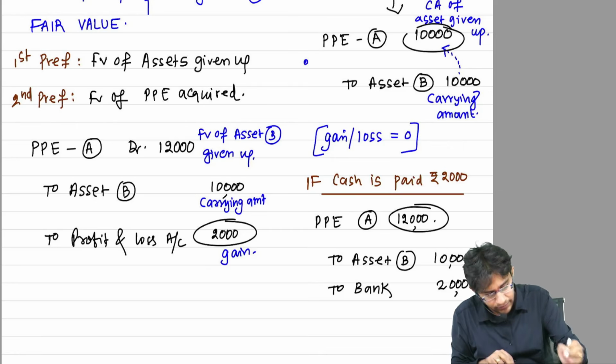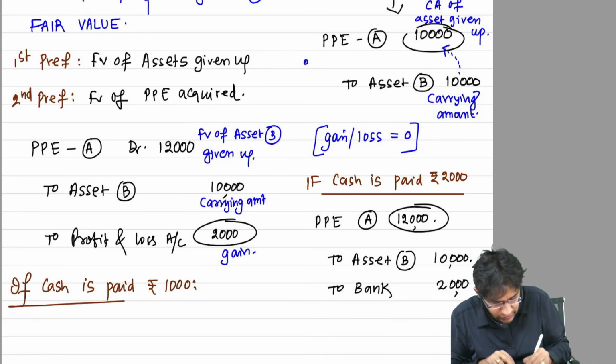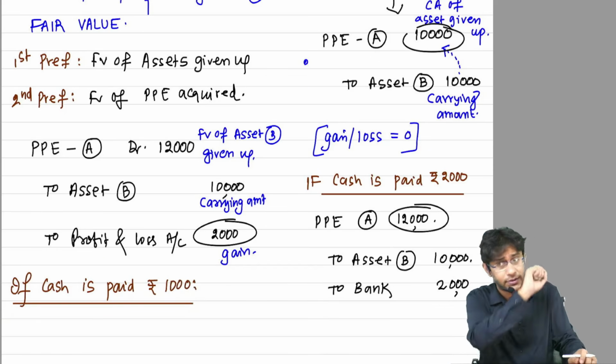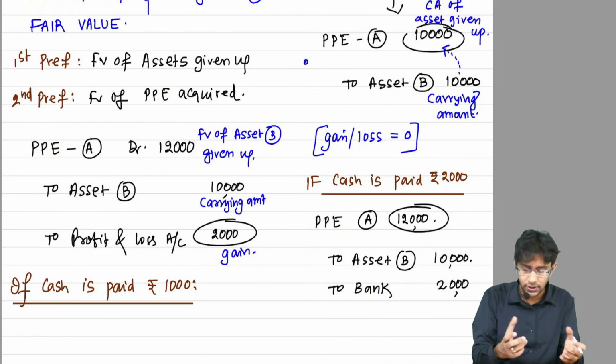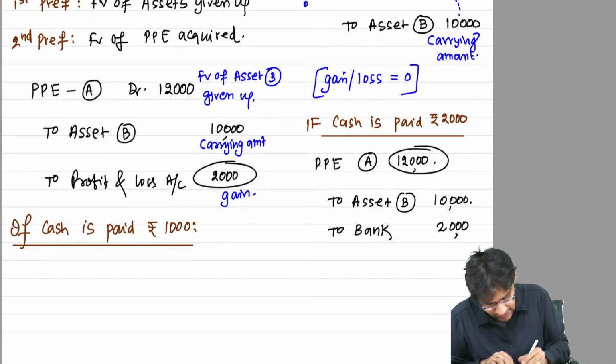Now, if you tell me that, sir, what if cash is paid another 1,000? That means you acquired A by giving away B, plus another 1,000 rupees cash also you have paid. In that case, it must be recorded at what value? So, logic is same.